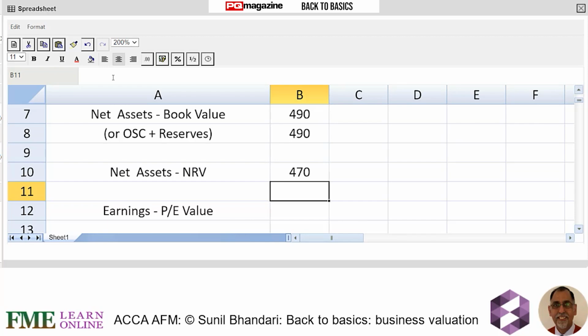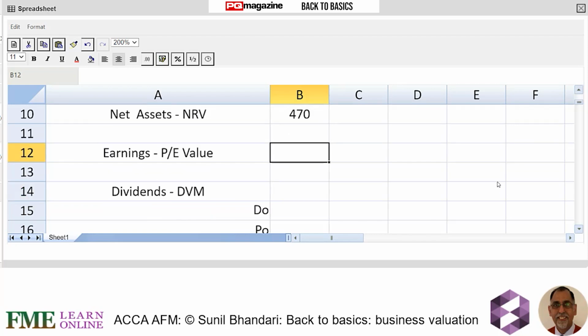Okay, let's now move on to an earnings valuation. Now, the most commonly used earnings valuation is the price earnings method, where the company's equity is worth a multiple of its earnings. Earnings are defined as earnings attributable to the ordinary shareholders, which is profit after tax less any preference dividends.